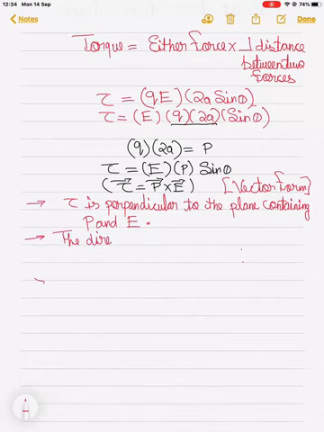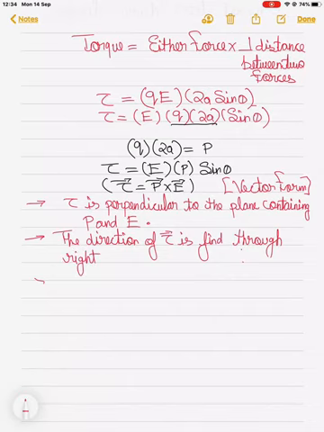The direction of torque is found through the right-handed screw rule.